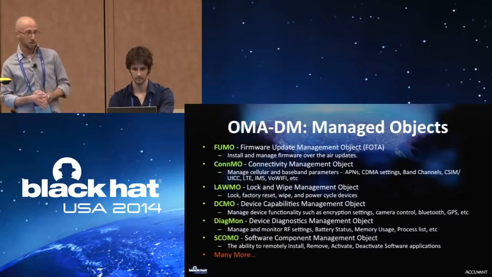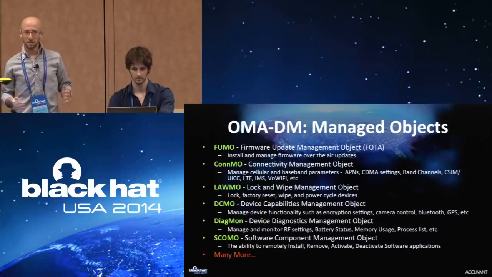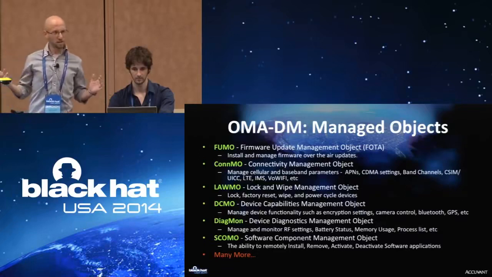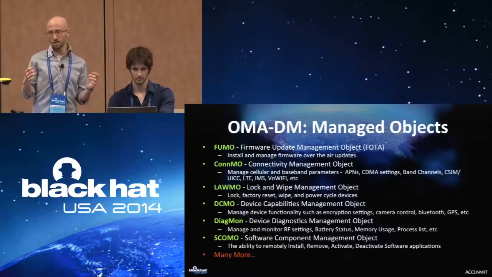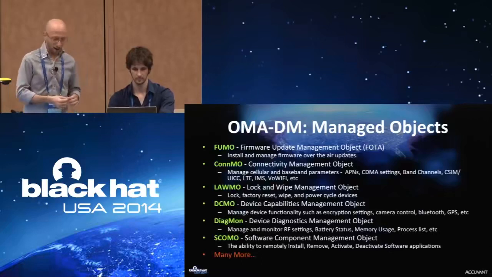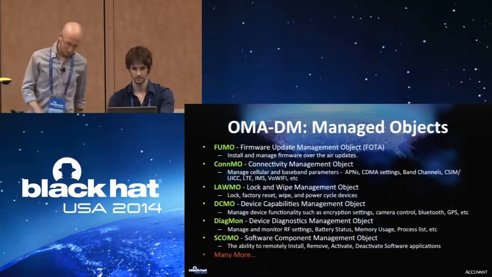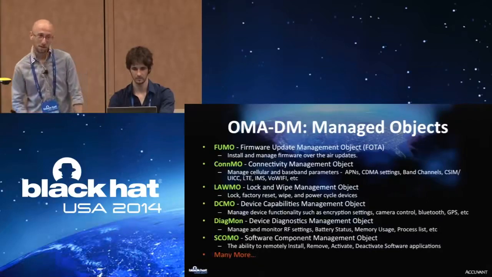LAWMO provides remote lock, wipe, and factory reset capability. What that really means is there's a new standard in 2015 that all phones have to have remote lock capability. DCMO, DiagMon, SCOMO. We'll talk a little bit more about those later.